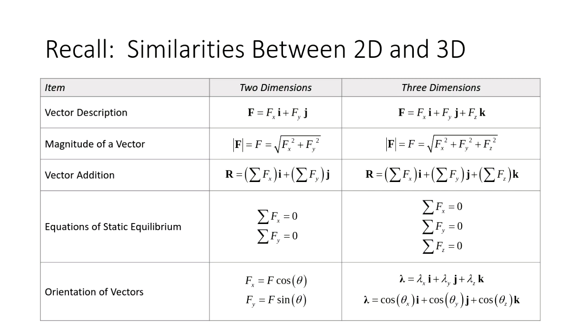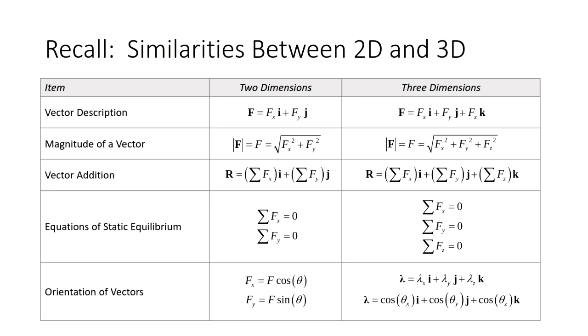So, our vector description, we have another term. Instead of ij, it's now ijk. The magnitude of a vector, instead of just x component squared plus the y component squared and then the root of all that, we now have a z component. Again, just another component when we add forces up. We do have 3 equations of static equilibrium, and so that's going to affect a little bit about how we solve problems in 3 dimensions.